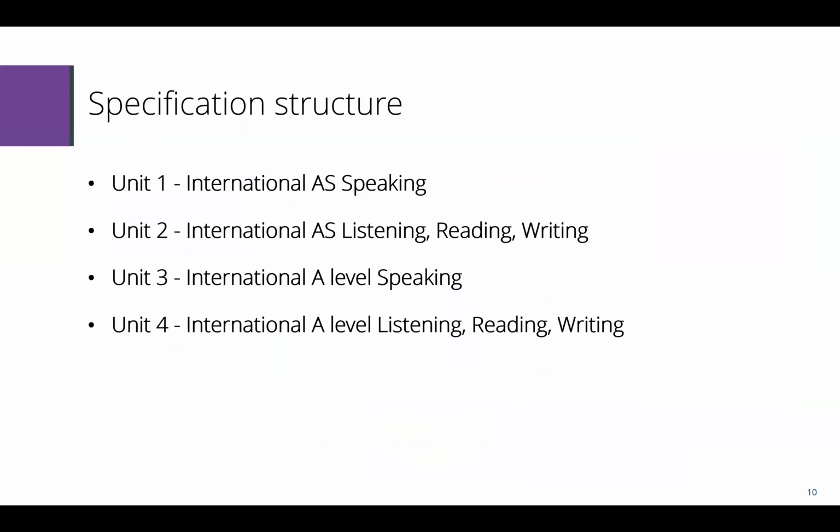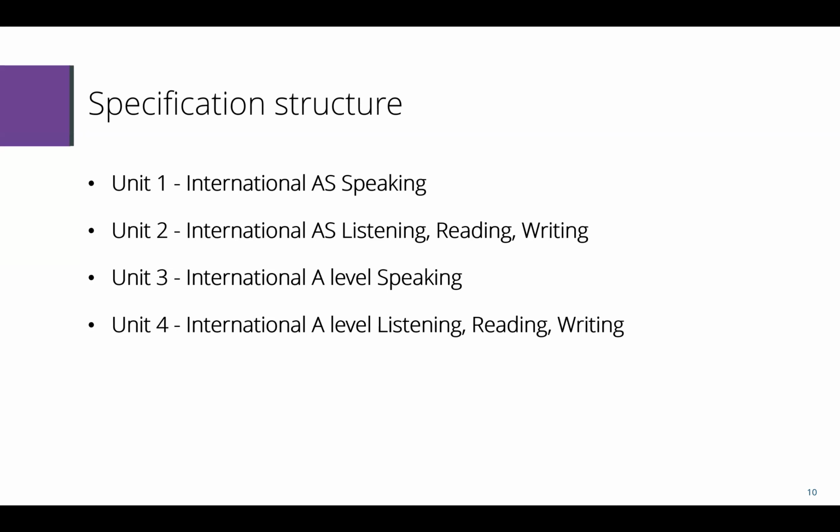So these are the sort of features of the qualification. The structure overall, there are 4 units to get to the international A-level qualification, and you can see that the first 2 are what we call the international AS. And depending on what the situation is in your school, your student could just finish with the AS. They could do the first 2 units, the AS speaking and then the AS listening, reading and writing, and they could finish there.